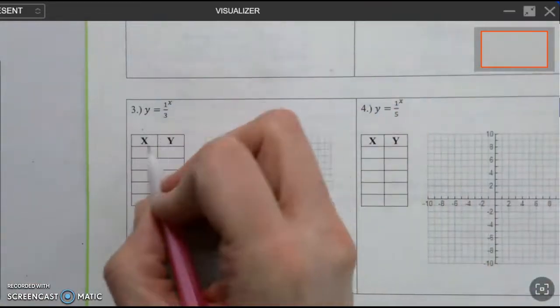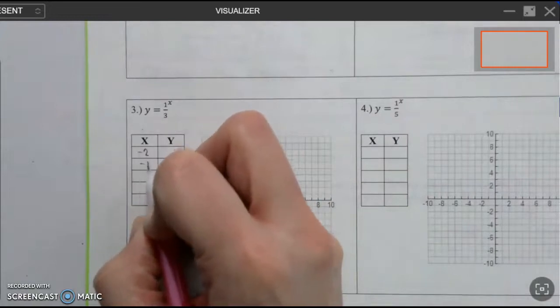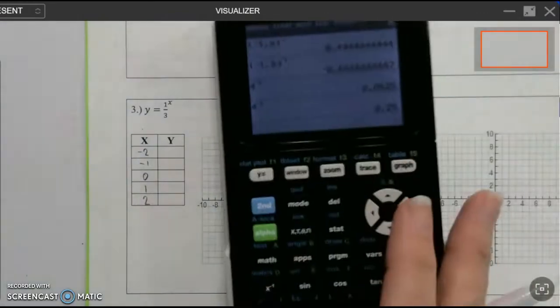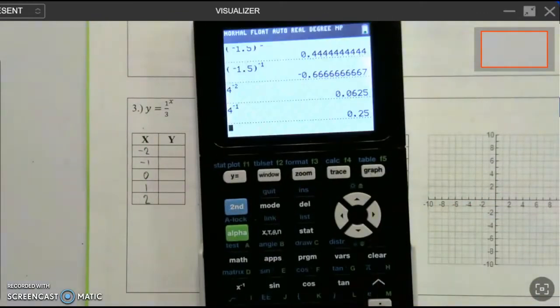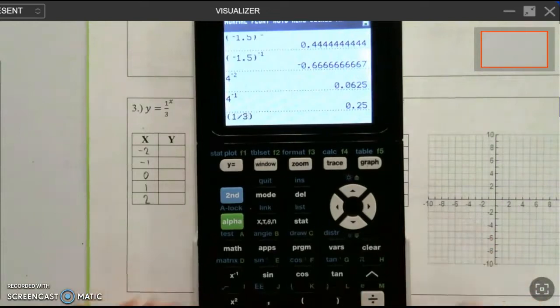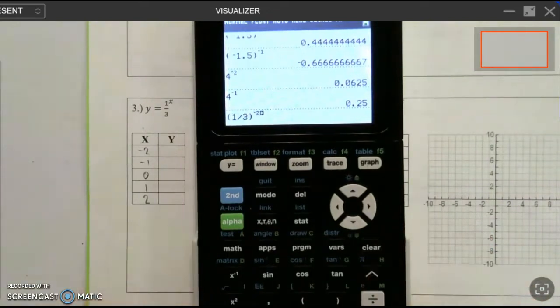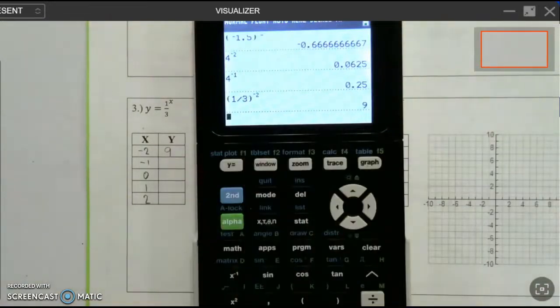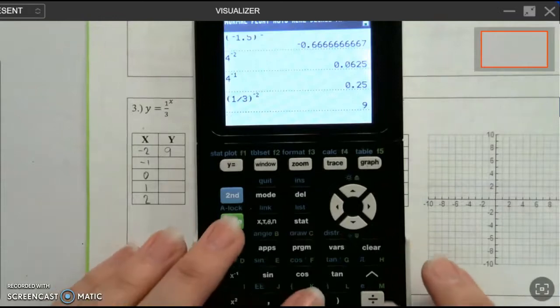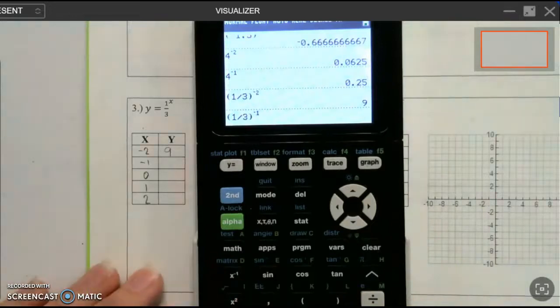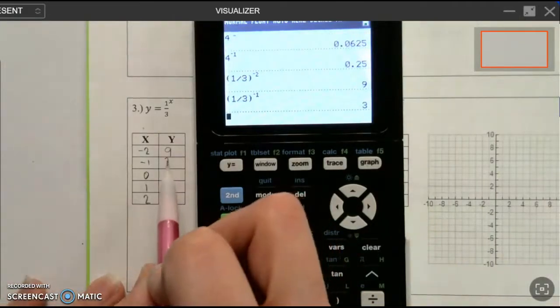We're going to use the numbers again, negative 2, negative 1, 0, 1, and 2. And then I'll use my calculator. When I use my calculator for this one, that 1/3, I'm going to put it in parentheses just so that the calculator knows I want the whole thing to the power. 1/3 to the negative second power is 9. 1/3 to the negative first power, hopefully you're not surprised by this, is 3.